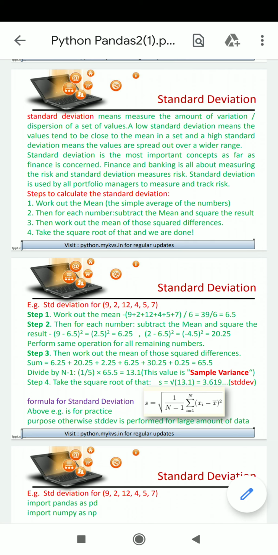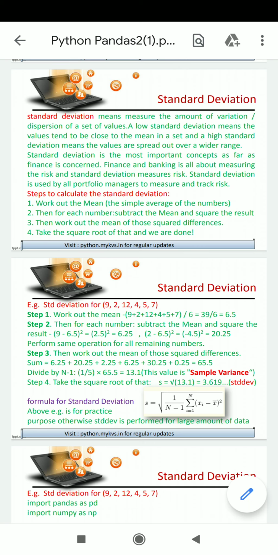So the next thing that comes to mind is why we want to find the standard deviation between values. It is mostly used by financial organizations because there may be loss.